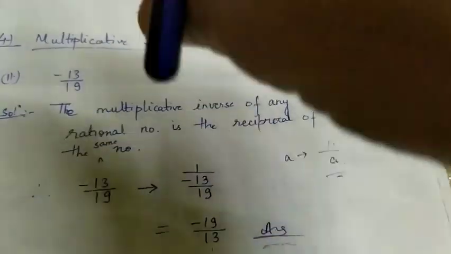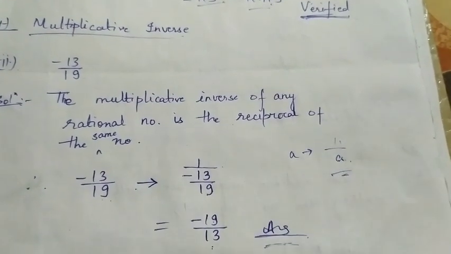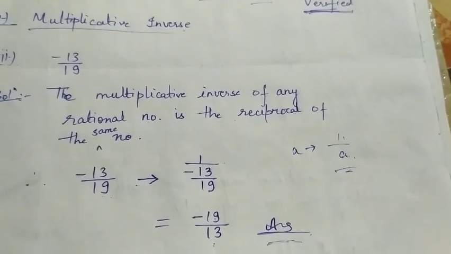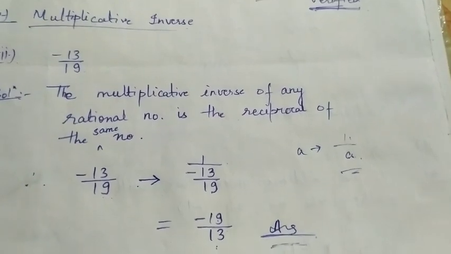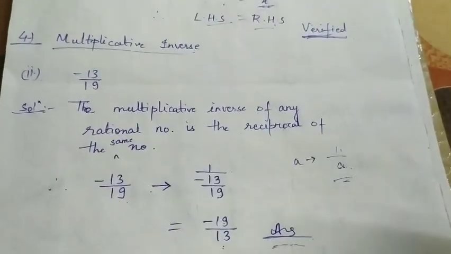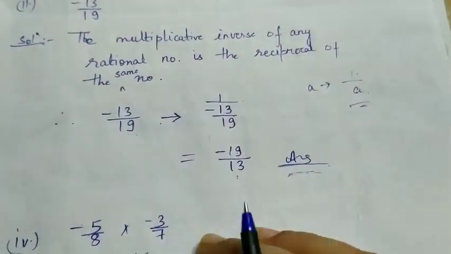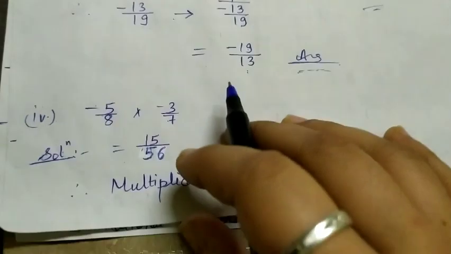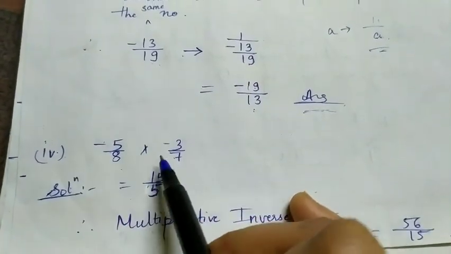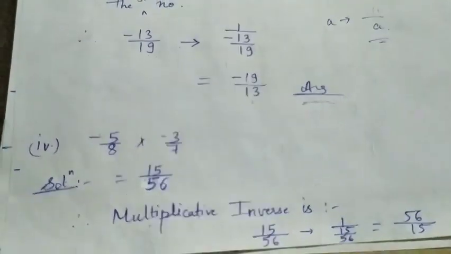Students, I am showing you all this in the written format because I want you to follow this format, and the work has to be very neat and clean, so that you get the interest to solve the questions further. Coming to the next part of this question, there is another question, that is minus 5 by 8 into minus 3 by 7. How can we take the reciprocal of this number?